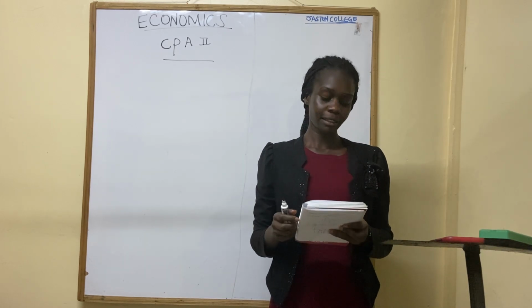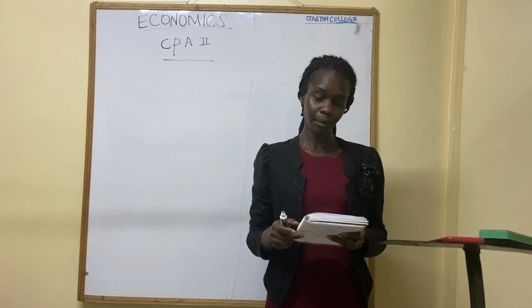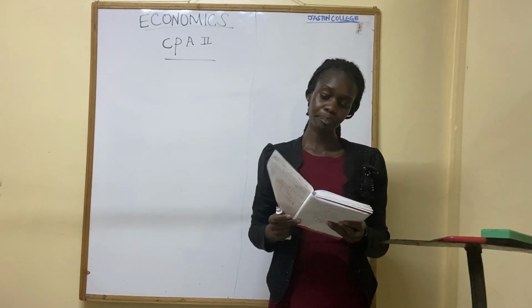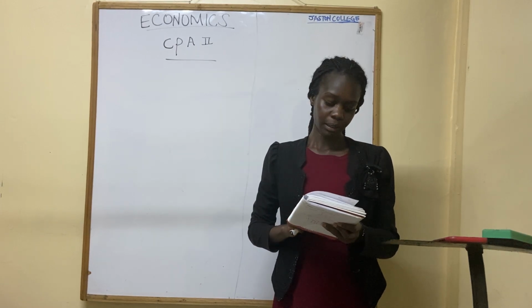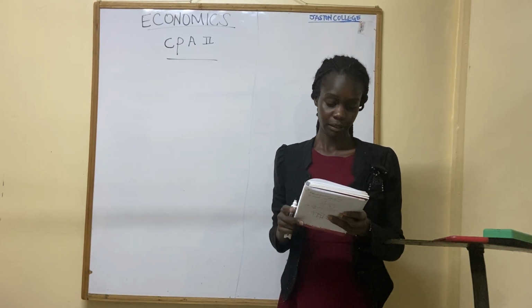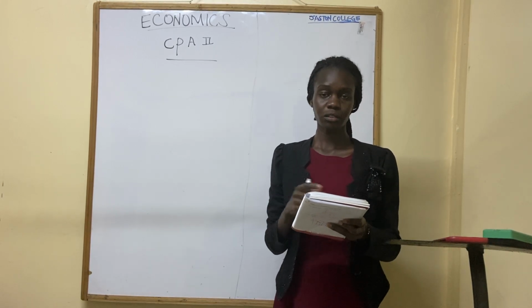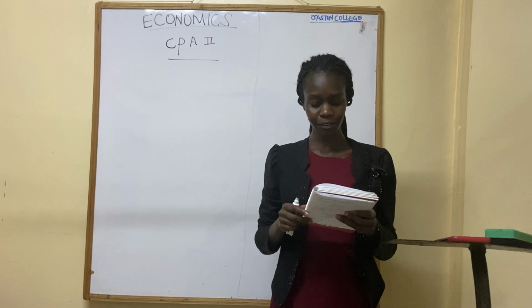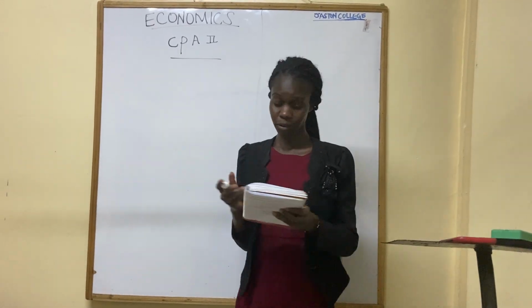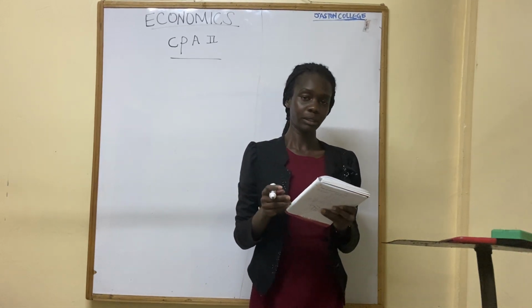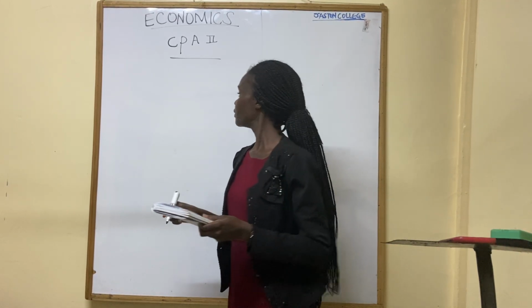There are terminologies used in supply, which include industrial and market supply. There is a schedule and a curve of supply. We are going to start with the schedule of supply, then we go to the curve.